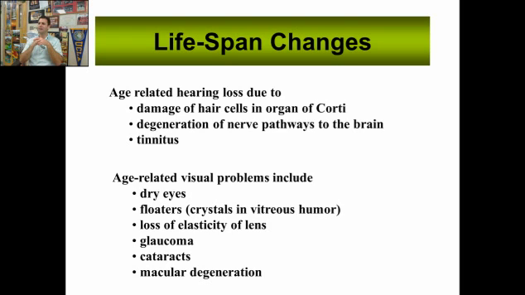Glaucoma is an increase of pressure behind the eye or within the eye, and as a result, you start to feel pressure and pain, and you get headaches and things like that. Cataracts is a loss of the transparency of the lens, and as a result, the world starts to turn gradually more and more yellow. You can have surgery to replace your lenses.